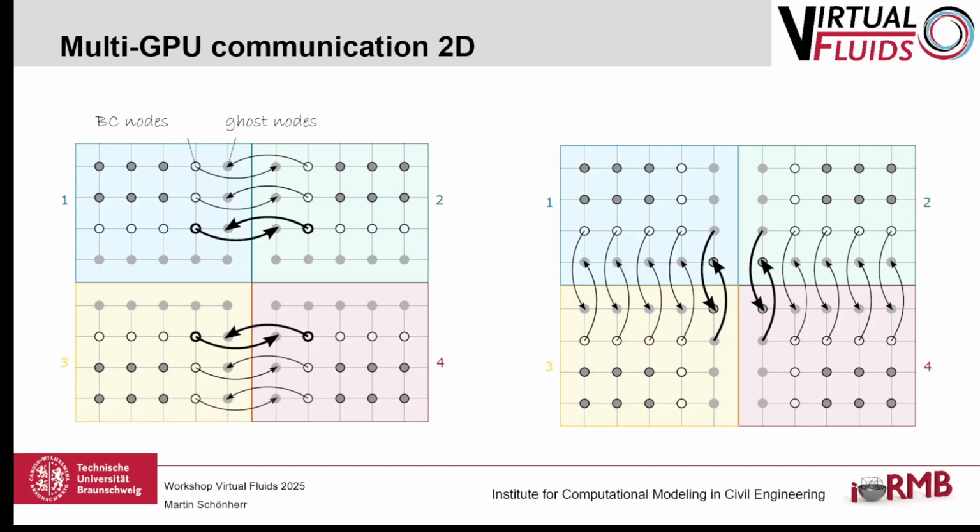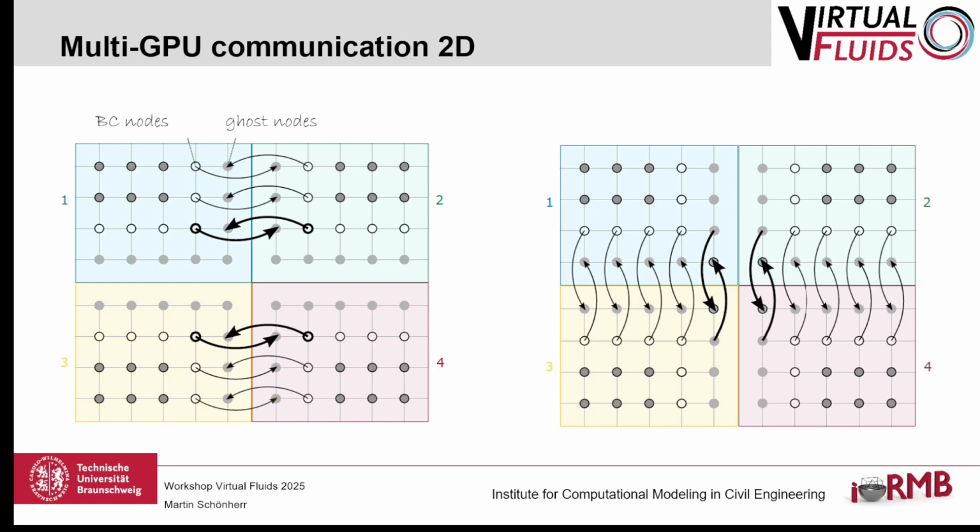So maybe we implement it in a maybe stupid way, but it works. Maybe this is something we will improve in the future. But right now, we don't want to take care of edges, corners, whatever. So what we're doing, we first communicate in X direction, and then in Y direction, and if you have 3D, afterwards in Z direction.